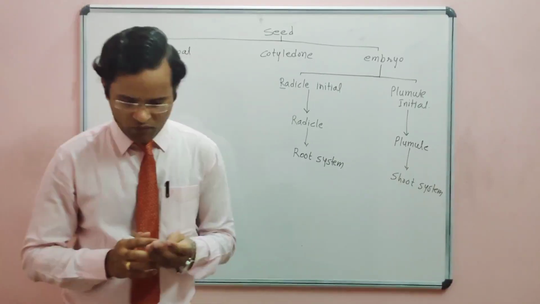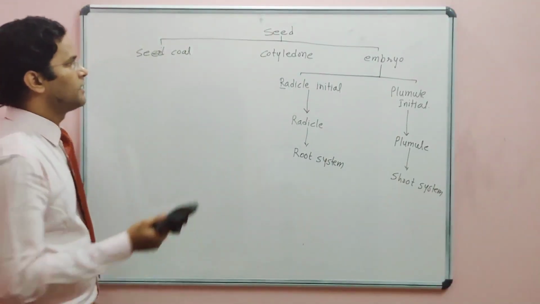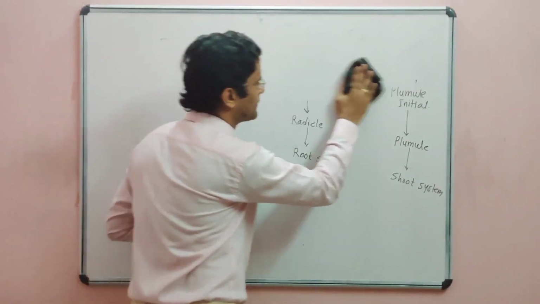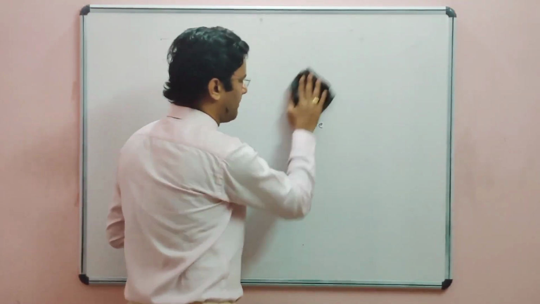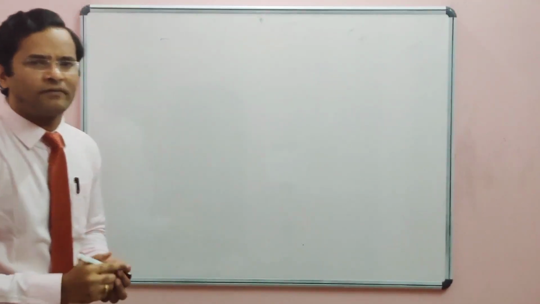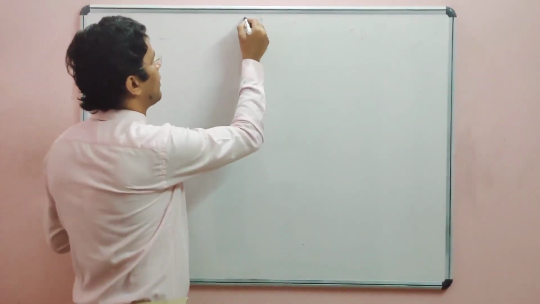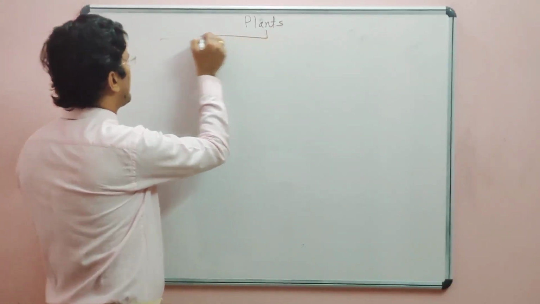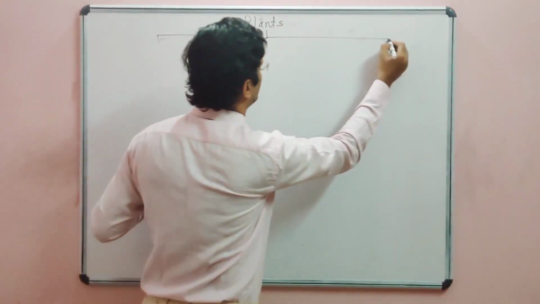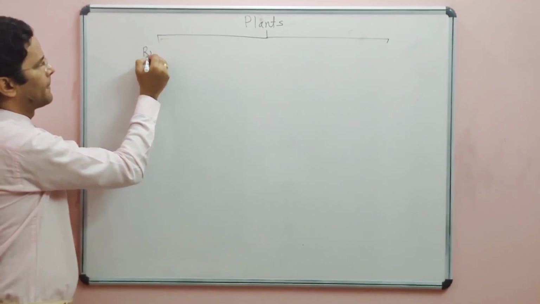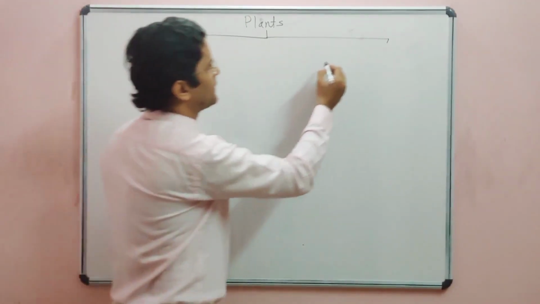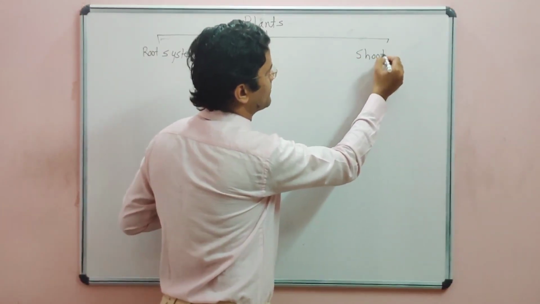Clear? Now we have to discuss in the plant what is the root system and what is the shoot system. Okay, so in case of plant, the plant will have two systems, that is the root system and the second one is shoot system.